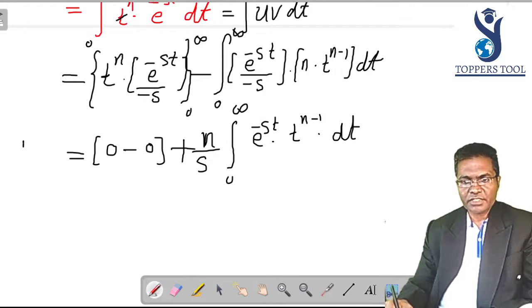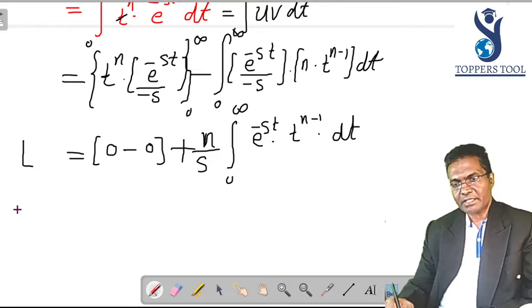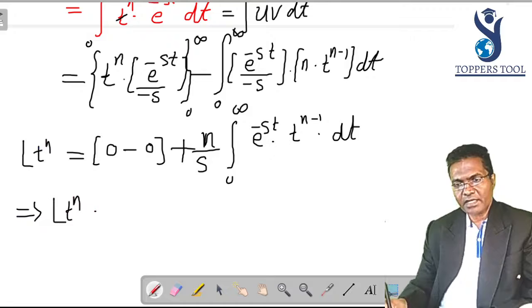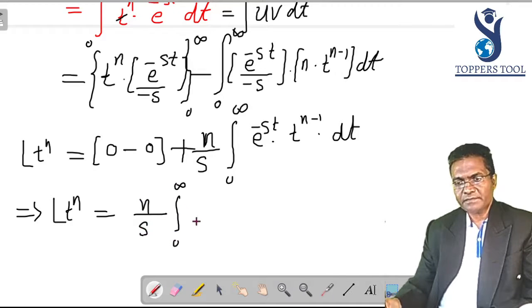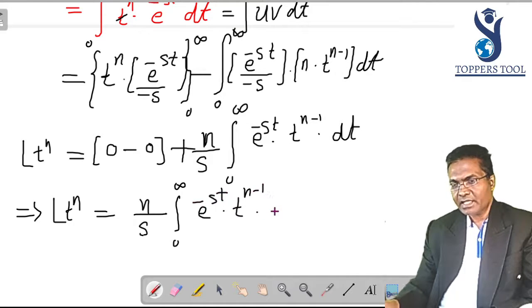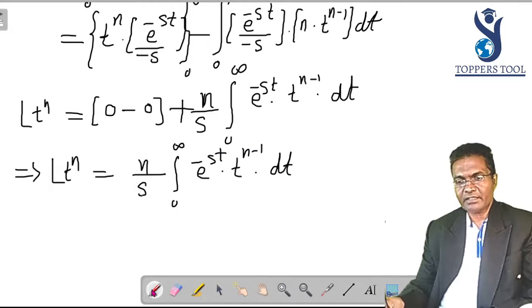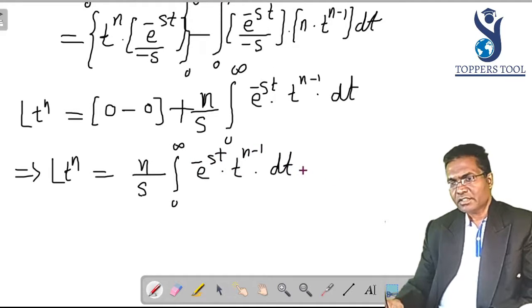Let me write here down: this is L of t power n, what you got, n by s, 0 to infinity e power minus st into t power n minus 1 dt. Call it equation 1.